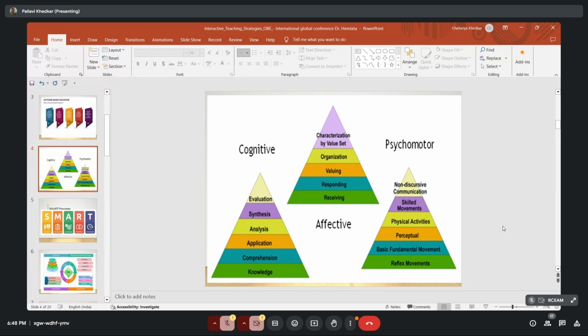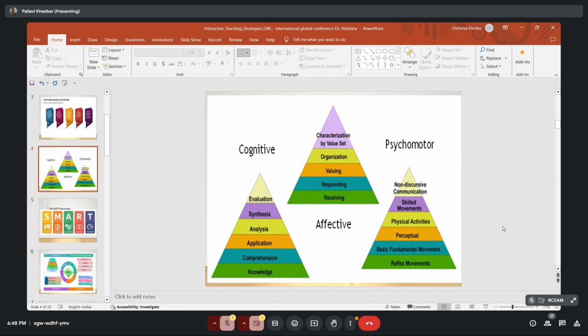RUSA has introduced skill education. Now NEP is also talking very bluntly about skill education. So, focusing on the skills, the psychomotor domain, we have to take care of all these domains when the teacher is in the class.